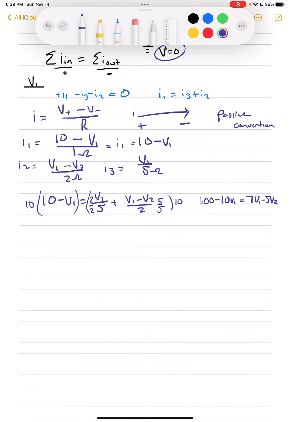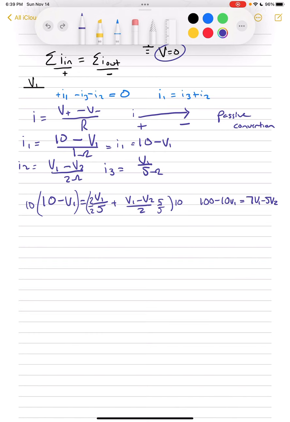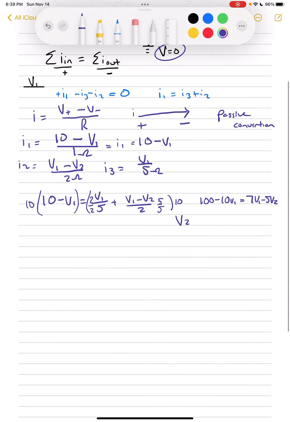Okay, and then once we solve for V2, we can get that V2 is equal to 17/5 of V1 minus 20. Now this is really good because now we've established a relationship between V1 and V2. I'm going to label this equation number 1, and we're going to come back to that.